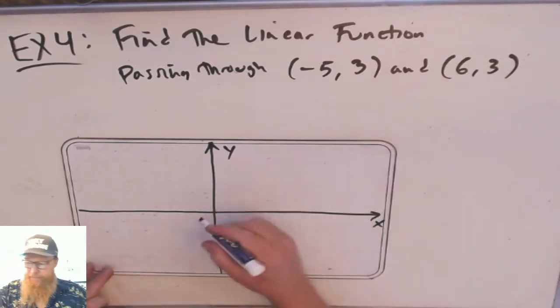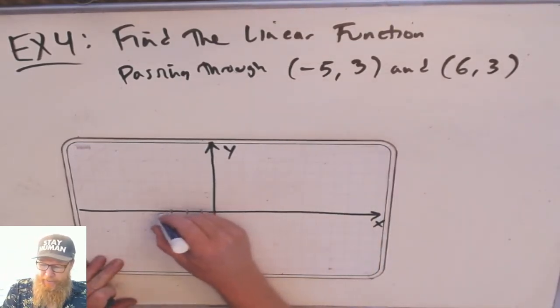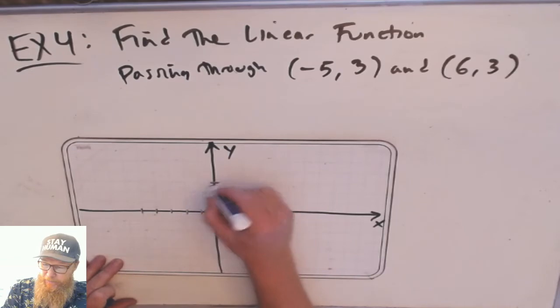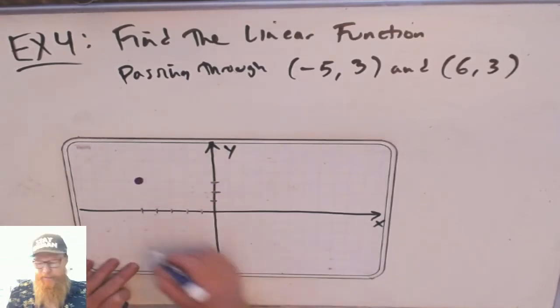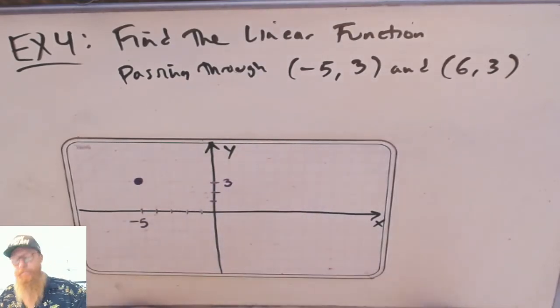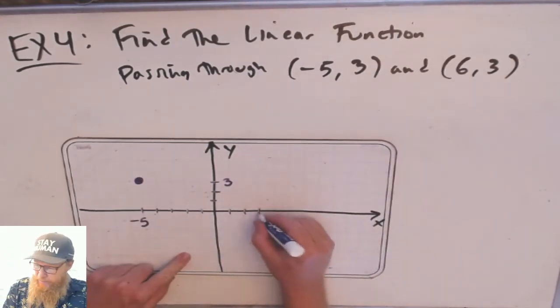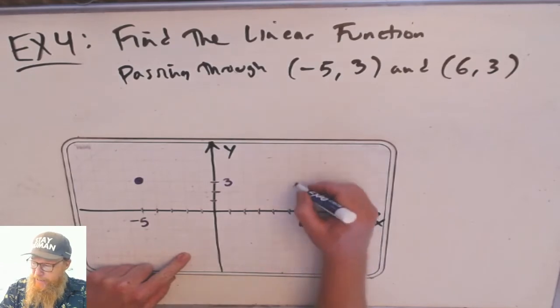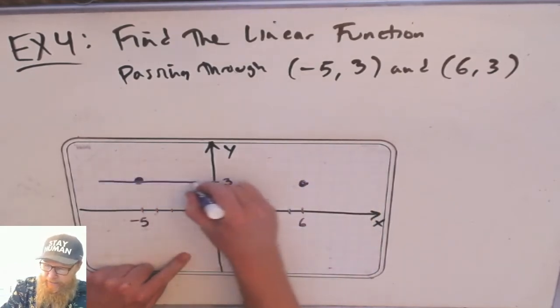All right, -5, 3. So 1, 2, 3, 4, 5. 1, 2, 3. Right about there. Yeah, -5 and 3. 6, 3. 1, 2, 3, 4, 5, 6. And 3 again.